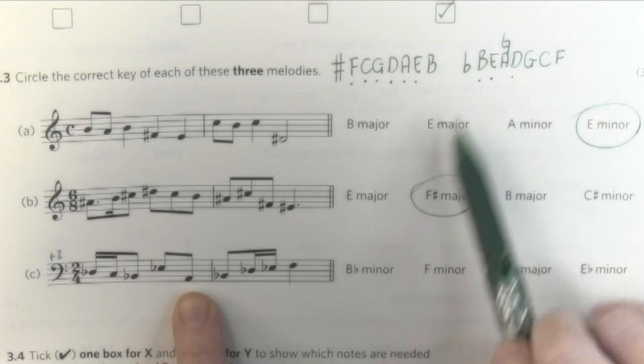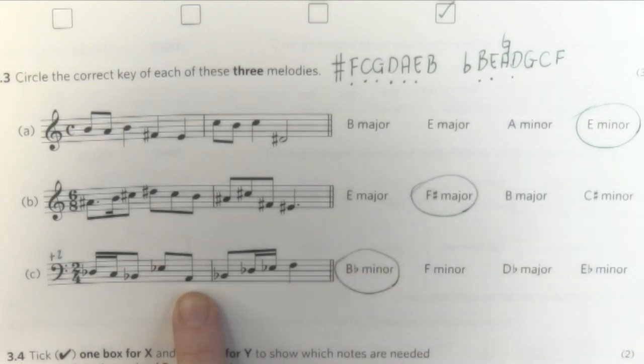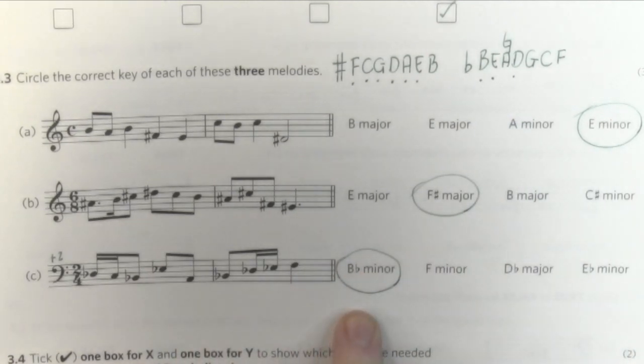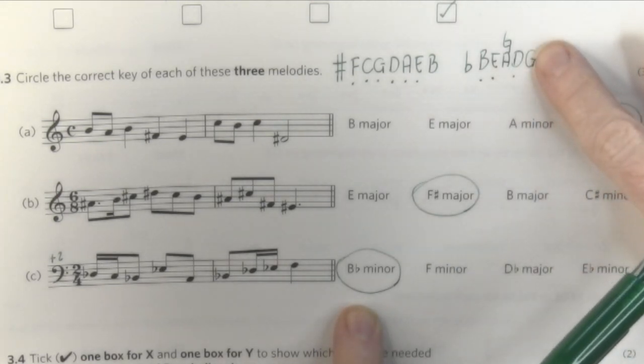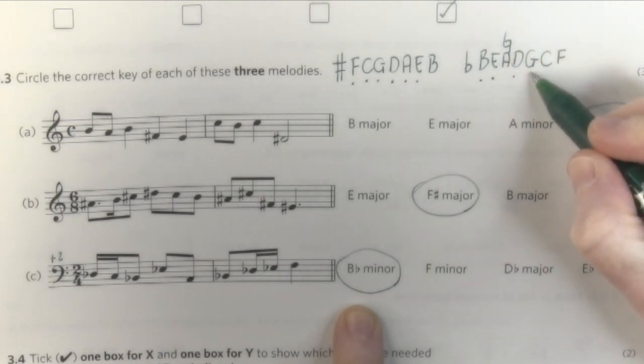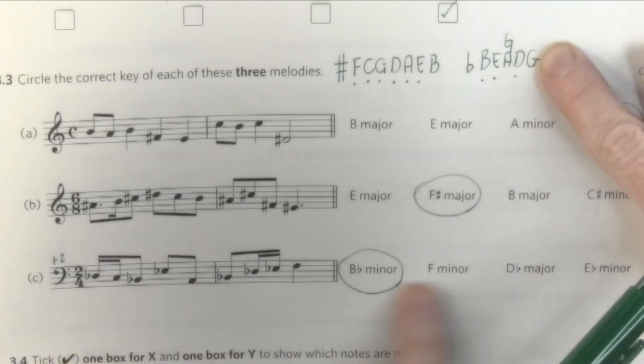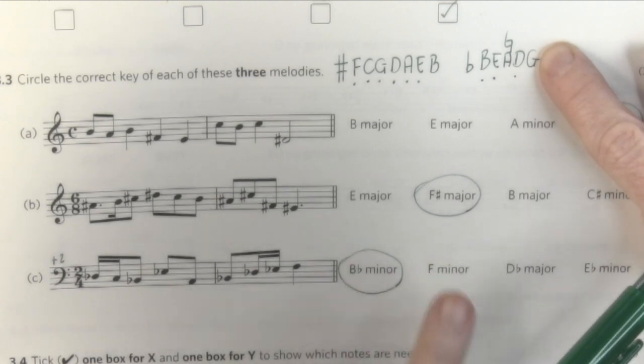This is it. B flat minor is the relative minor of D flat major, 3 semitones above. And D flat major has 5 flats. Now in this case, we don't have G flat in our melody, and you could say, how can I know that we are in B flat minor and not in D flat major?